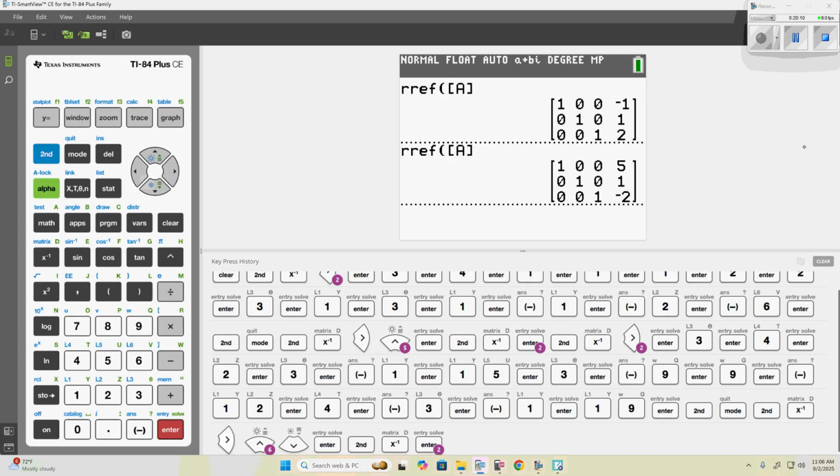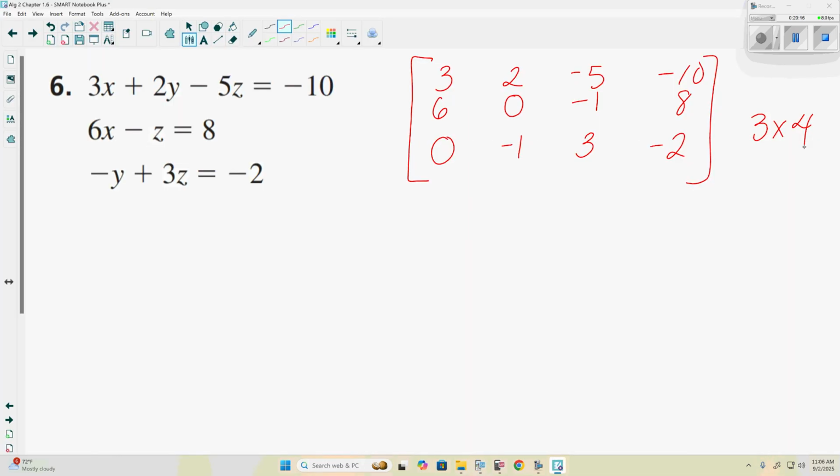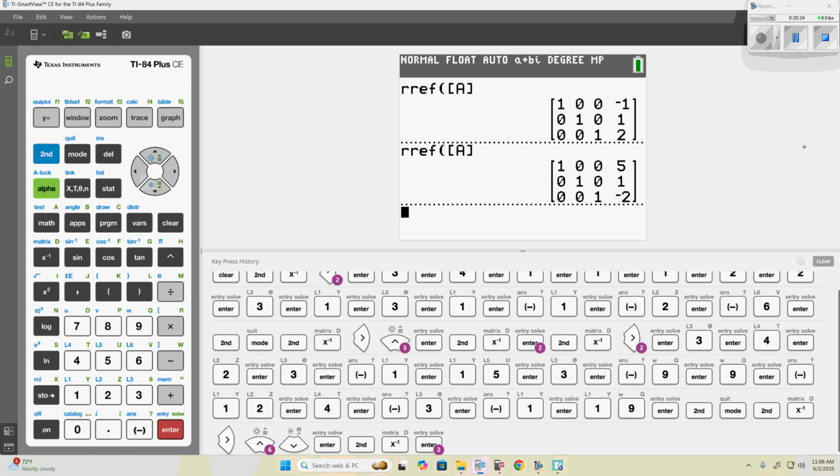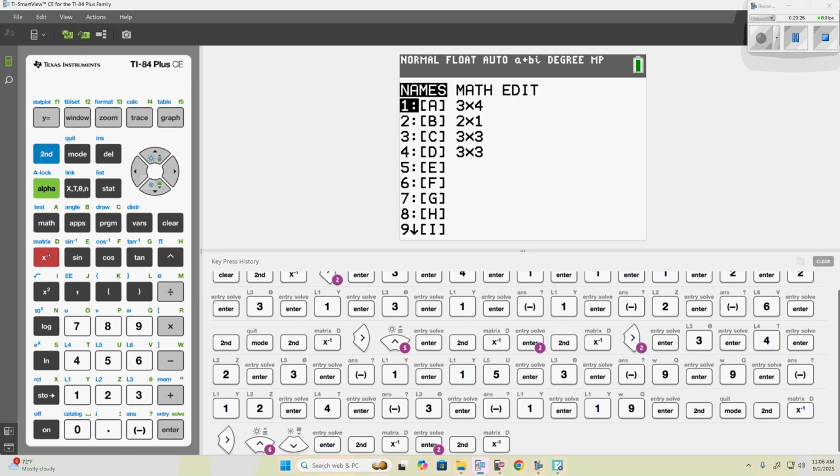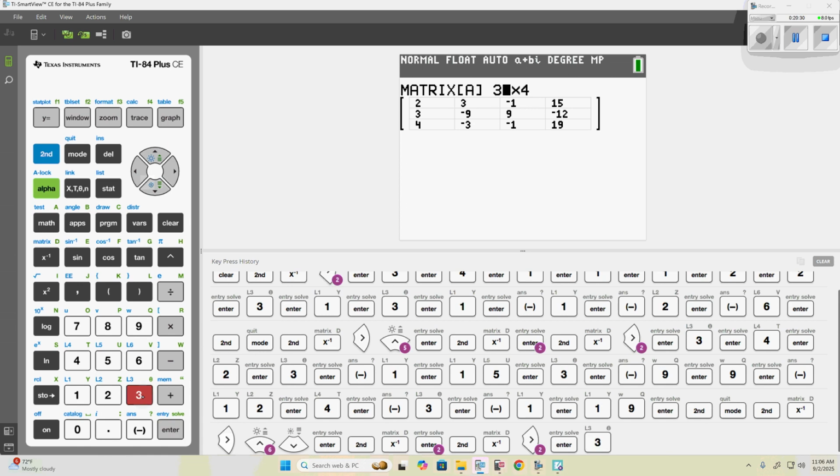Now again, we can come over to the calculator. We good? Still need to write this down? What goes up here? Okay. So when we type it in, we're going to go second matrix over to edit, and we'll still type this into the first matrix. It would be a 3 by 4, and we need to type this augmented matrix in.